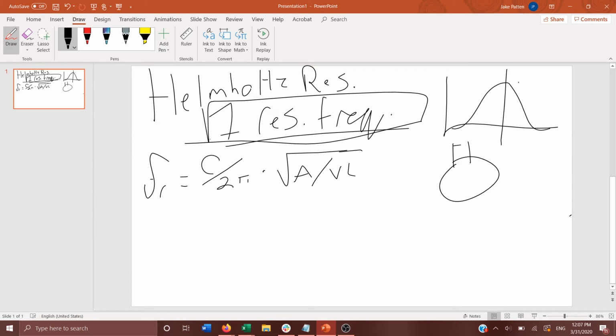Here's a Helmholtz resonator. The area is the area of this opening right here. The volume is the volume of this chamber down here. And the length is the length of that neck right there.